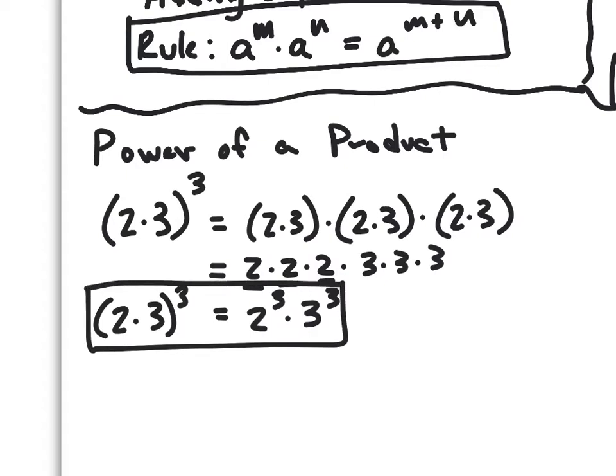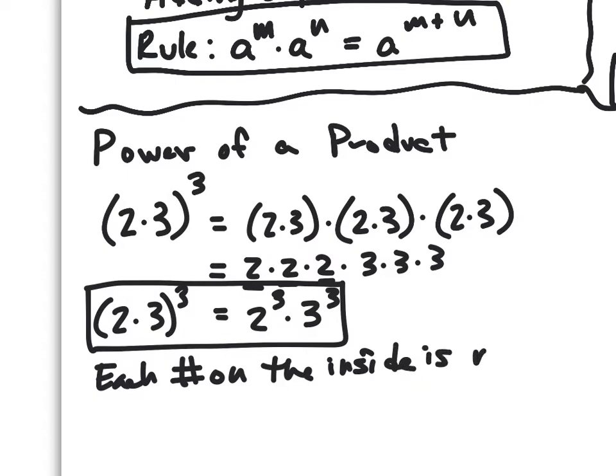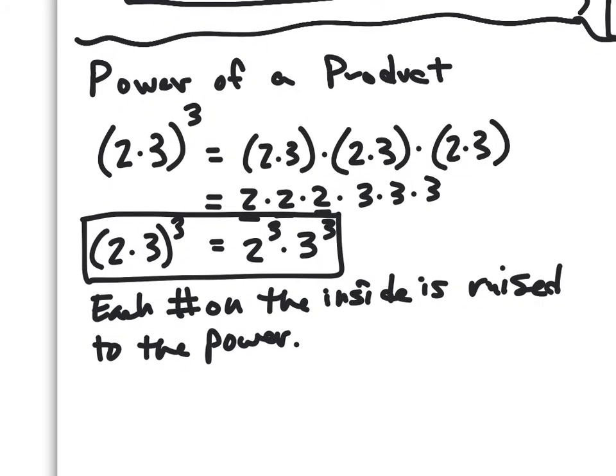So for power of a product, here's the general rule. The key is that you've got to be multiplying these 2 numbers for this to work. Then each number on the inside is raised to the power.